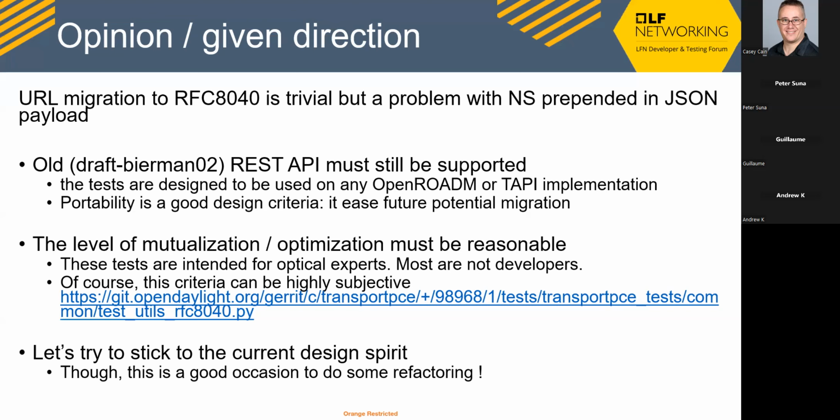So we had some internal discussion in TransportPCE on the direction to go. The idea was not to rewrite everything from scratch, but to stick to the current design, at least the spirit. But it's really a good occasion to do some refactoring, which we have performed during the Sulfur release.